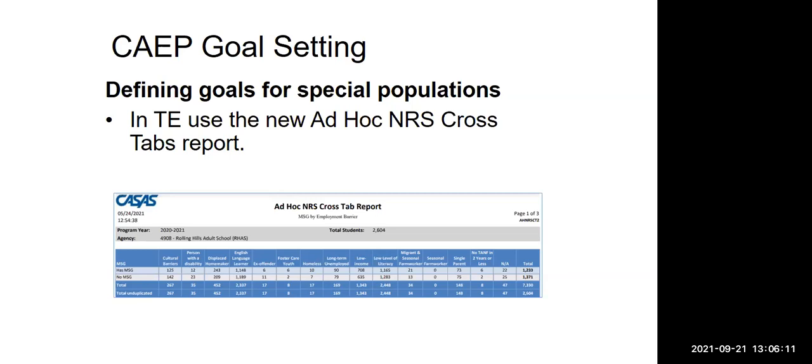So this gives us, for a specific barrier to employment, maybe we want to look at 2 or 3 different barriers at once. Maybe we want to aggregate them all together. But this is a report we can run where we can look at some goals by barrier, where instead of looking at our agency overall or our consortium overall, we feel pretty good about our overall performance, but we know when we're looking at English language learners, we're weaker.